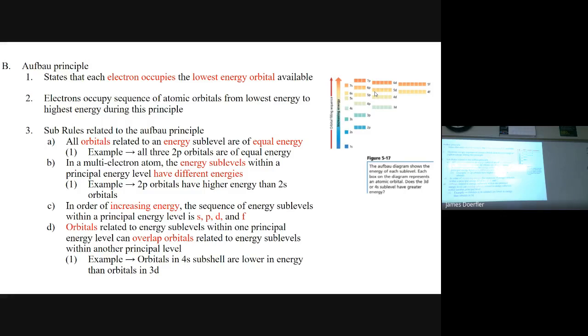That's why we get the situation where we have 4s and 3d. That 4s is actually lower in energy than the 3d orbital, but they can overlap each other. That's why we have that kind of drop in those n values.